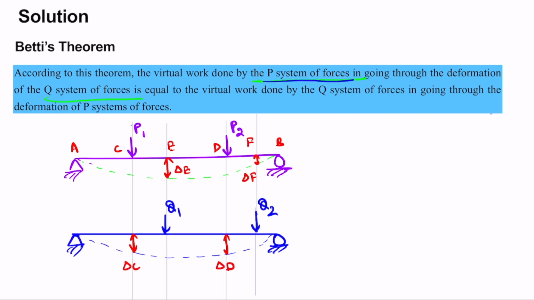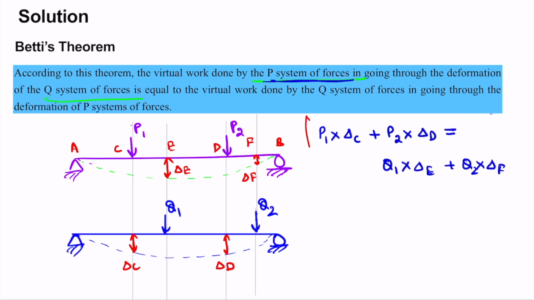Now, according to Betti's theorem, the virtual work done by P system of forces in going through the deformation of Q system of forces can be written as P1 multiplied by the deformation at the location of P1 in Q system of forces, plus P2 multiplied by the deformation in Q system of forces at the location of P2, which is delta D. This is equal to the virtual work done by Q system of forces, which is Q1 multiplied by delta E plus Q2 multiplied by delta F. This is the statement for Betti's theorem.